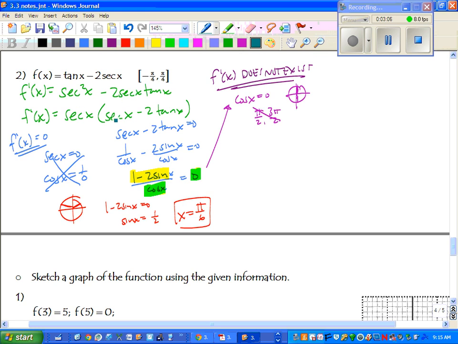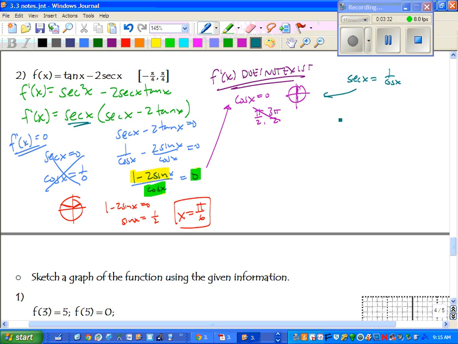The other thing we have to take into account when the derivative does not exist is that secant, remember, is 1 over cosine. So if cosine is equal to 0, that makes this undefined. But we've already done that, so we're not going to do it again.